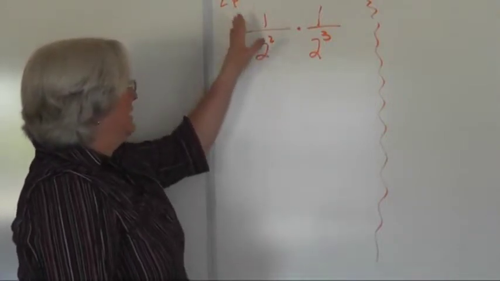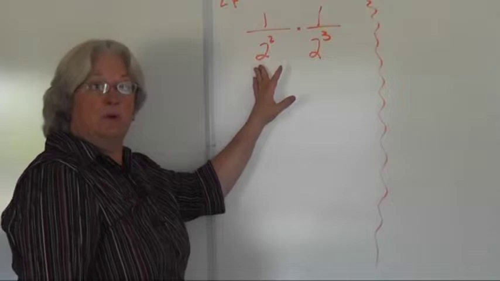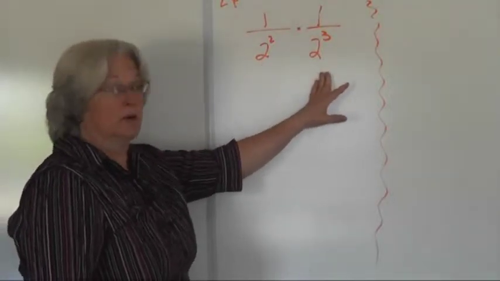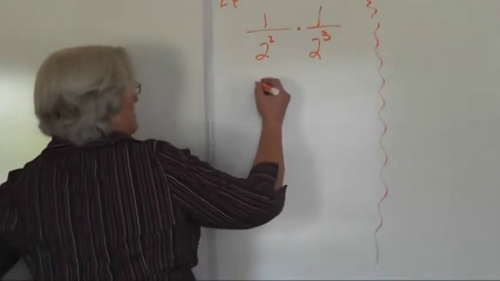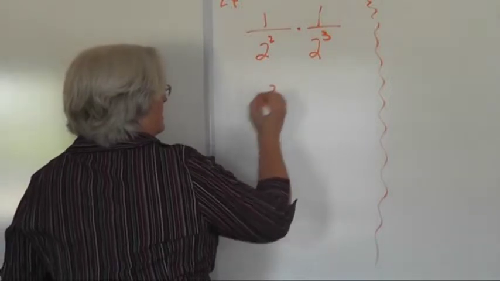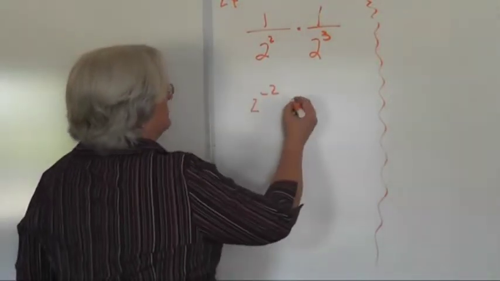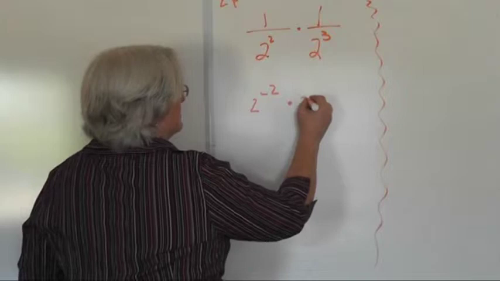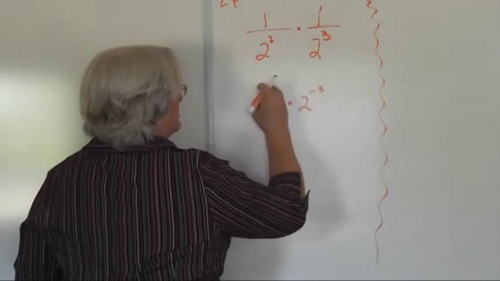First, they're saying, okay, I have positive exponents in the denominator. I can rewrite that as 2 to the minus 2 times 2 to the minus 3.